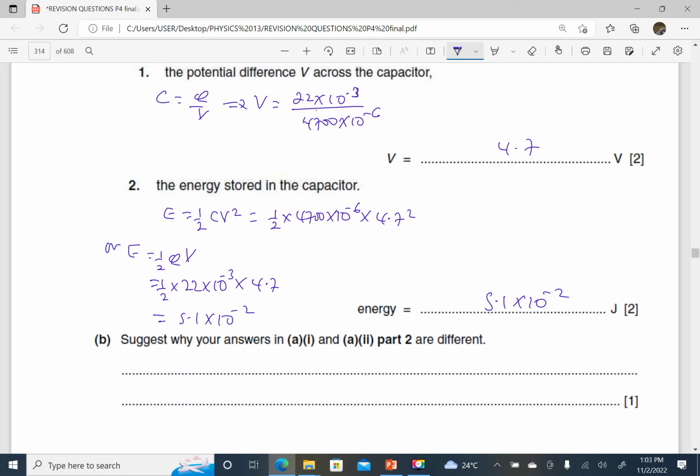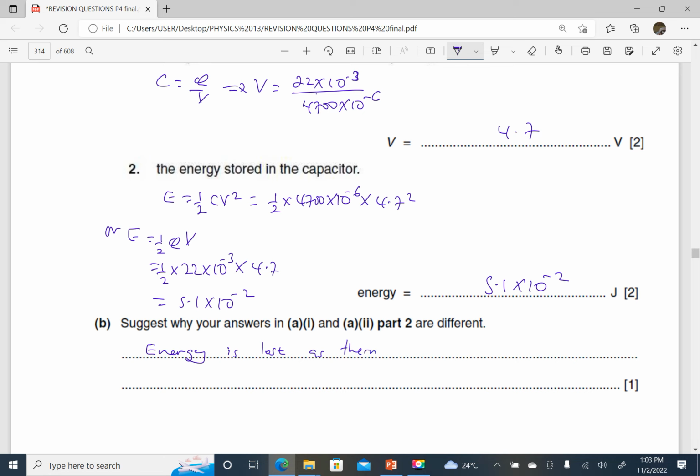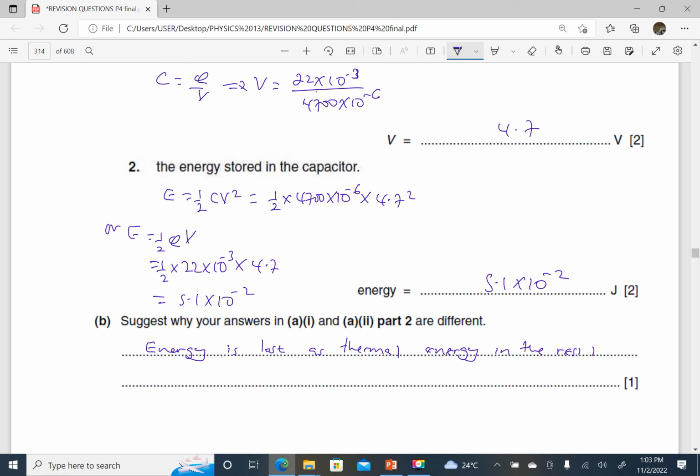So energy is lost as thermal energy in the resistance of the wires.